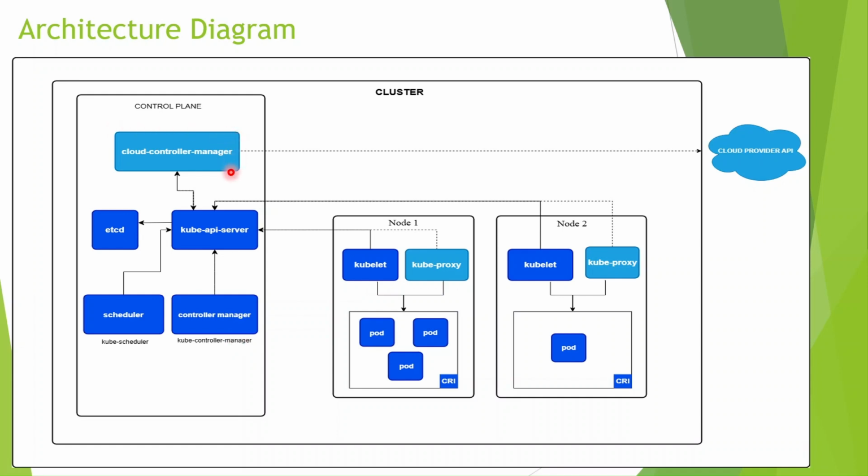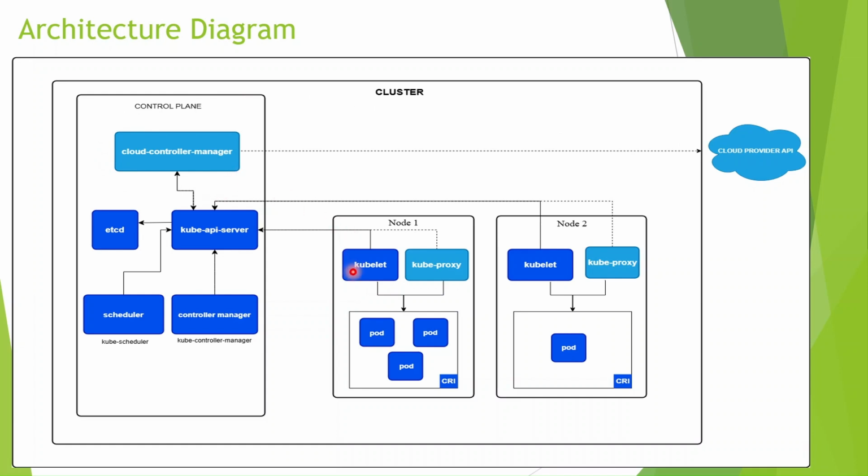Then we have the cloud controller manager, which integrates with your cloud provider, whether AWS, GCP, or Azure. It also manages your load balancers, volumes, and node life cycle, and talks directly to your cloud provider API. Whichever cloud you run Kubernetes on, it will have a cloud controller manager.